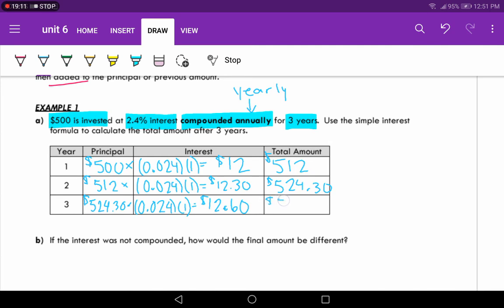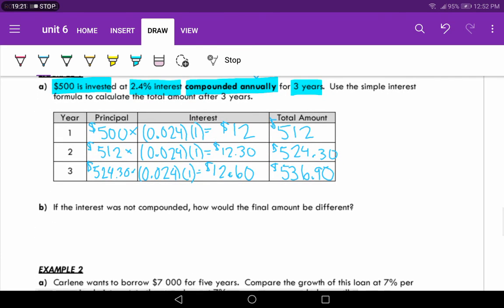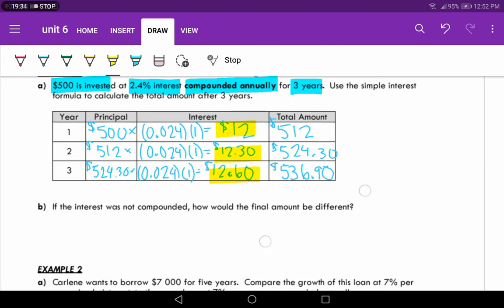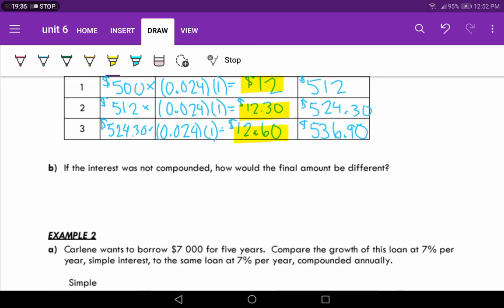So now I have $536.90. Okay, so we can see we're not making the same amount each time, right? We make $12 the first year, then we make an extra 30 cents, and then we make another extra 30 cents as well.